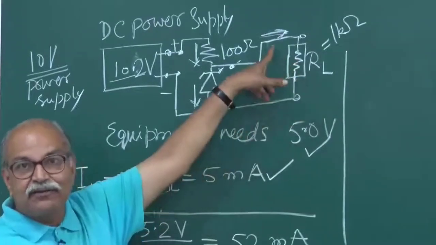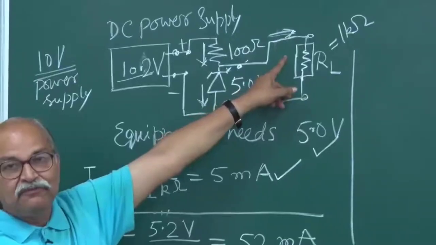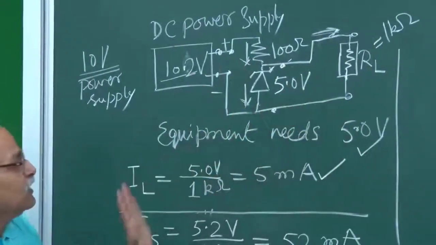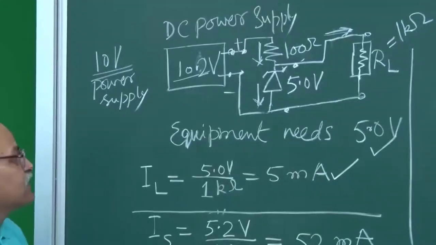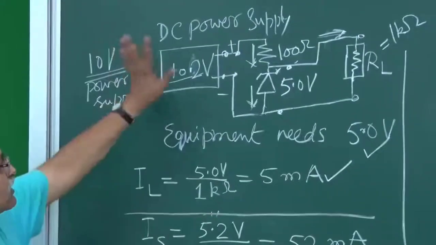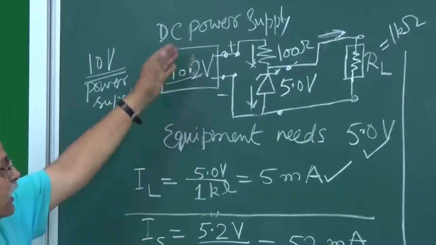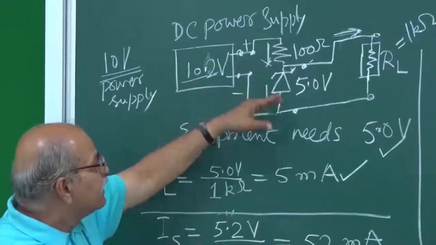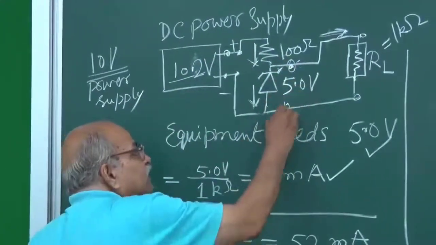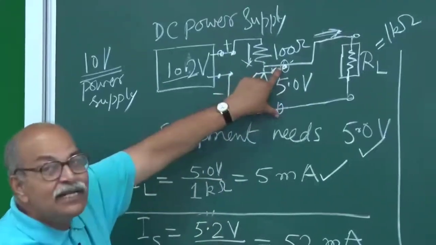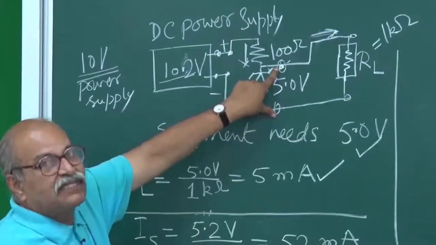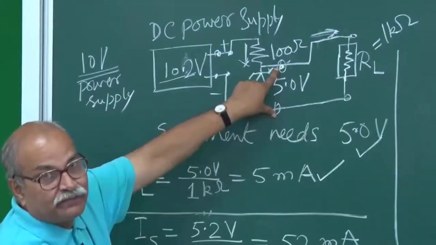It is getting a regulated power supply. 5 milliampere current is going through this. So this is how a voltage regulator is made. Whatever power supply you make, if you then connect a zener here and a shunt resistance here and then take your output from here, this is a regulated power supply. It's meant for a particular voltage and it gives that voltage.